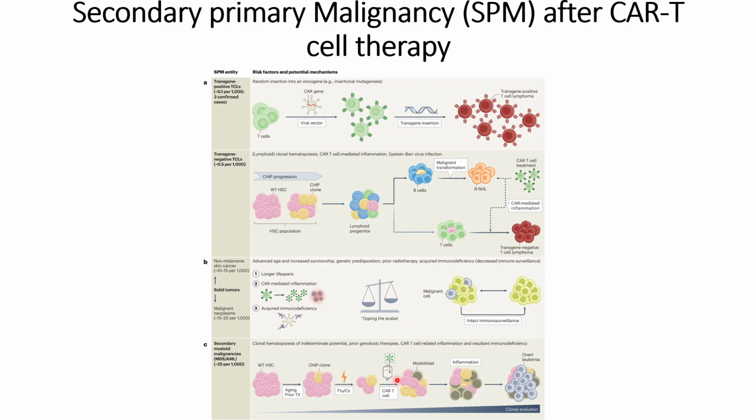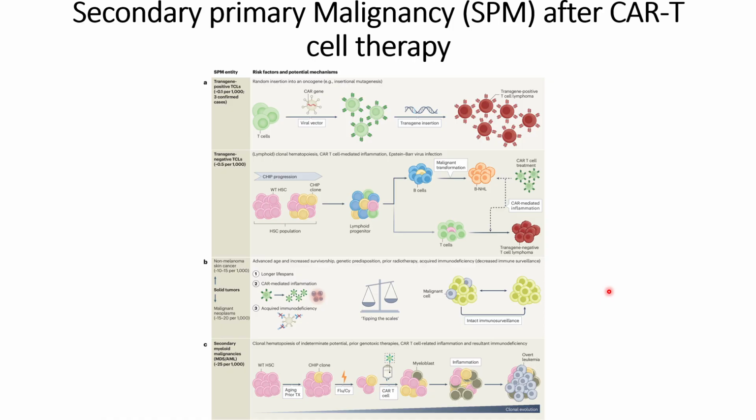After the CAR T cells have been transduced, some mutations might occur at this stage that will lead to the formation of myeloblasts, and that will cause inflammation and diseases like overt leukemia. This is also seen in patients who are going through immunodeficiency, and also in older patients who are of higher age.